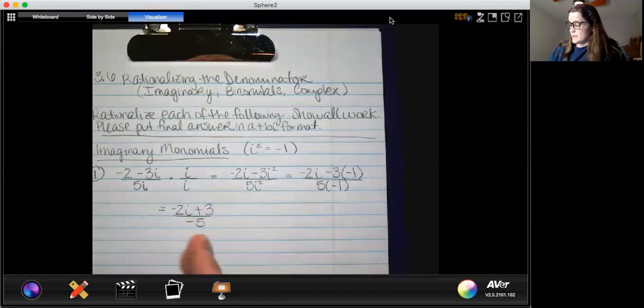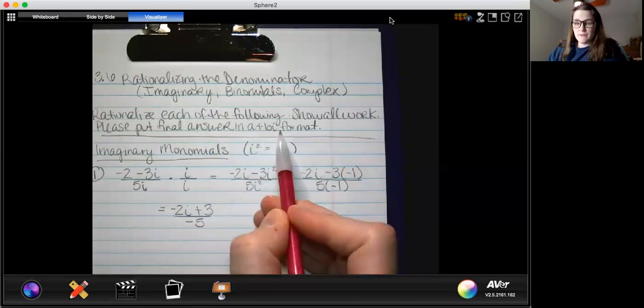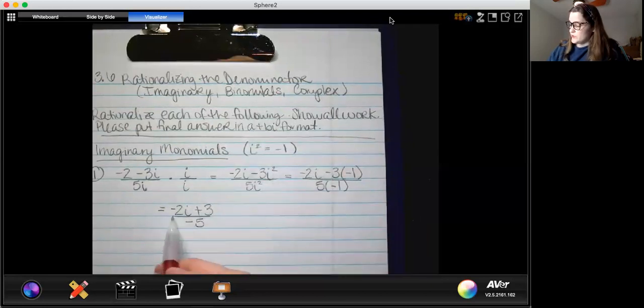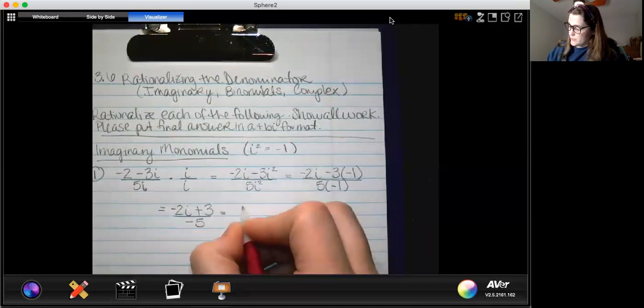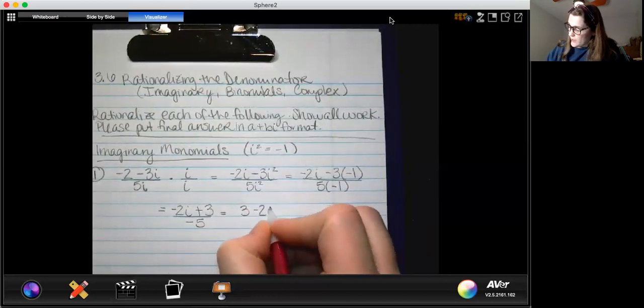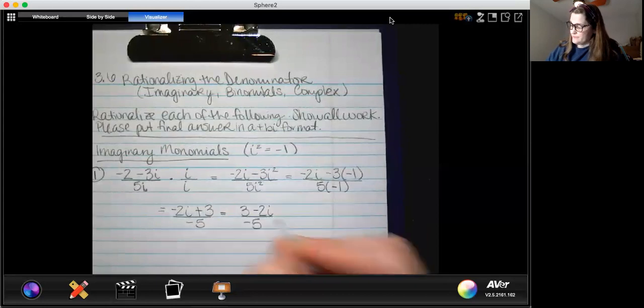As it is, there's nothing we can simplify, but we can change how it is written. First thing we got to do on top, remember that we want it to be a plus bi format always. So just looking at the numerator itself, we need to change that order. So it'd be 3 minus 2i divided by -5.